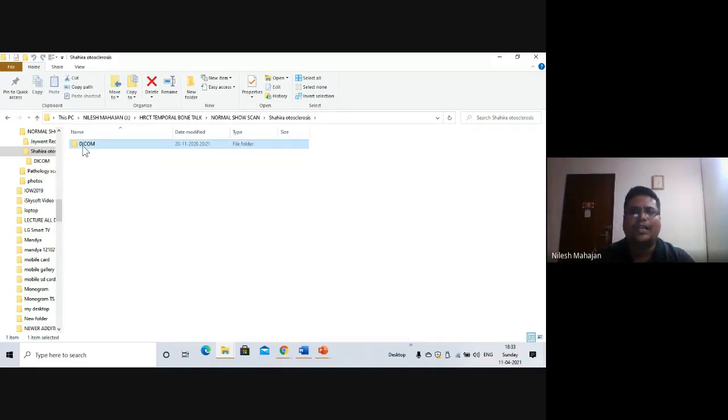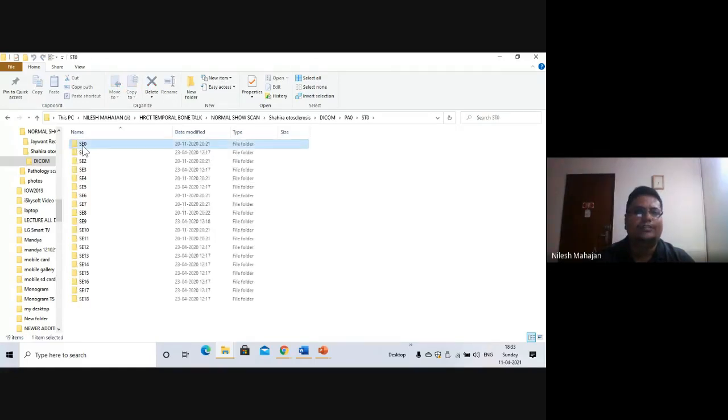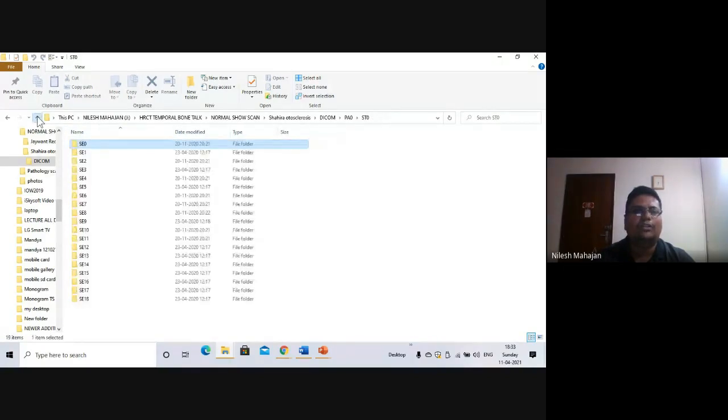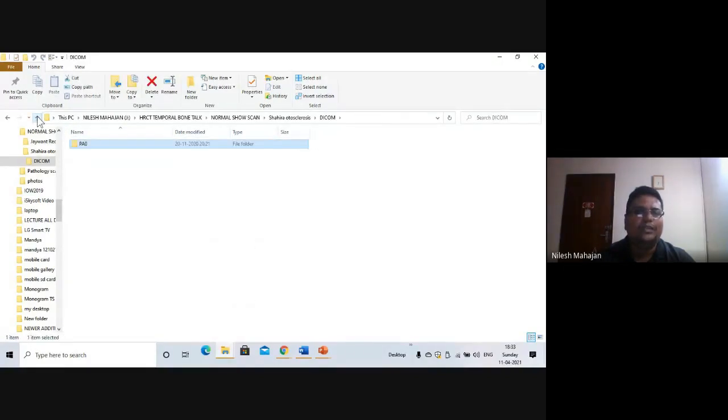If it is denoted like A, B, or C, you can just open it, and inside you can see whether the extension of the file is .dcm, that is called DICOM files. Like this, different series will be there, and all these are DICOM files, which will not be opened with any software like Photos or your Microsoft Photo Viewer. You will require the radiological softwares for that.